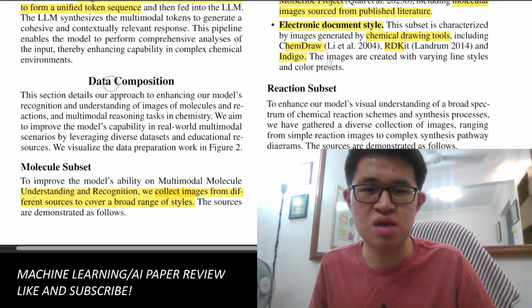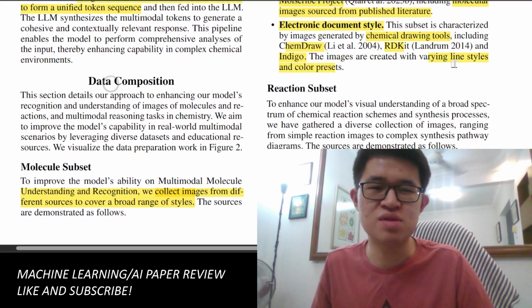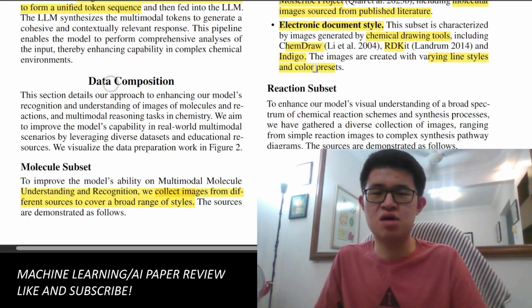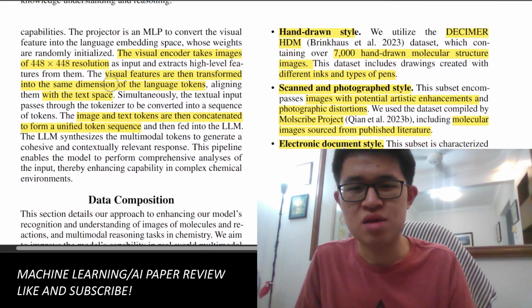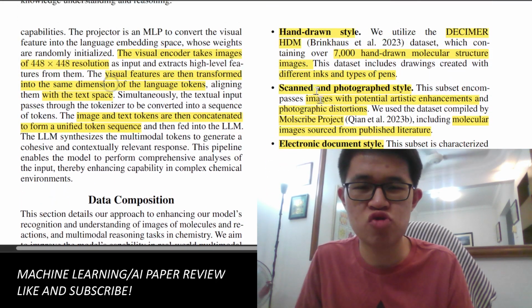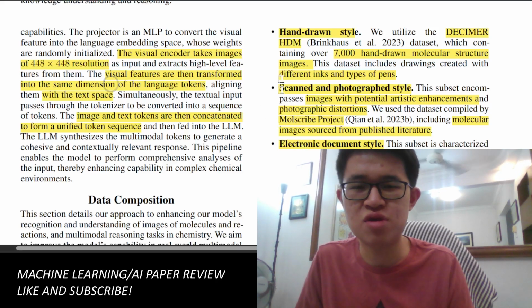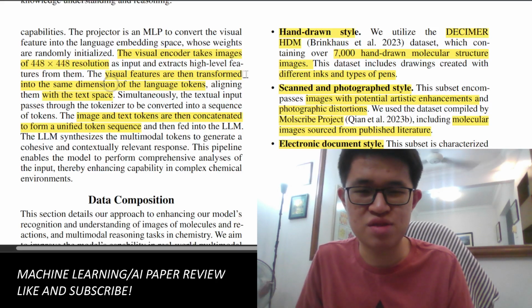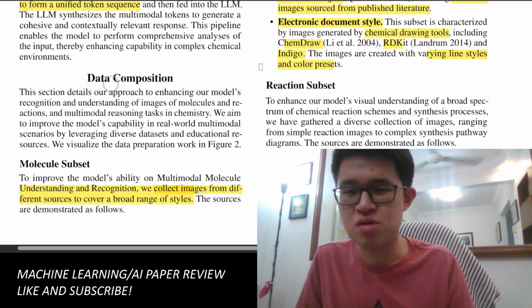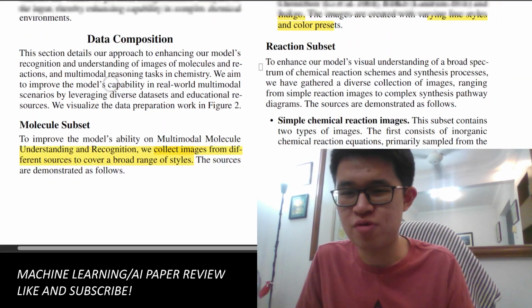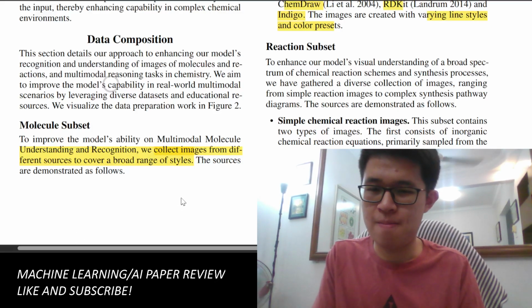So it has a whole lot of different line styles and color presets. By combining these three different things together, you get a really nice diverse dataset, right? I think I should probably state that.